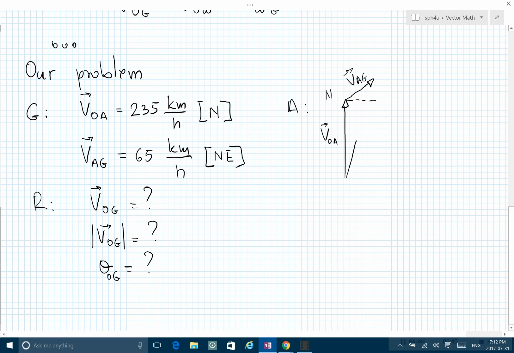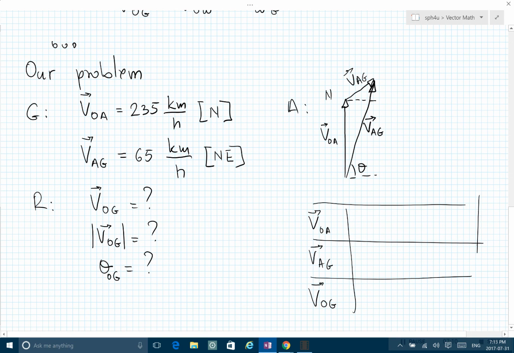And what we want to find is this vector here, which is the velocity of the airplane with respect to the ground. So we're looking for some angle and for magnitude. You can use the sine and cosine law, the triangle method, but we're going to use components just so that we get the hang of it. So we have VOA, VAG, and VOG.